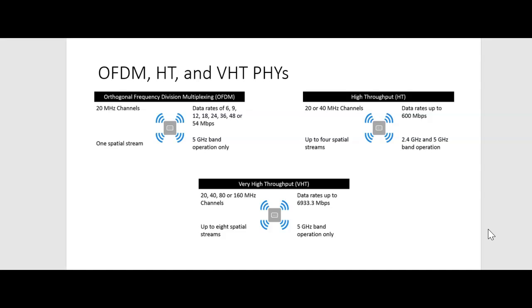It was a 5 gigahertz operation, but it was the first to use 20 megahertz channels instead of the 22. Now, all the newer ones are all based on OFDM and use the 20 megahertz channels, or some factor, 20, 40, 80, 160, all on a 20 channel.